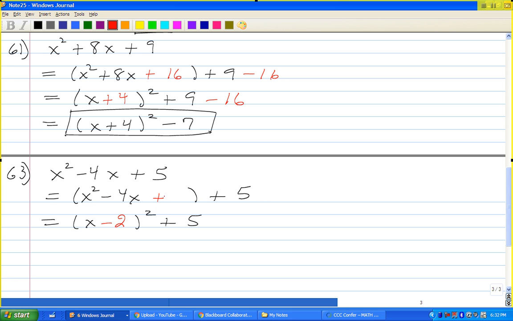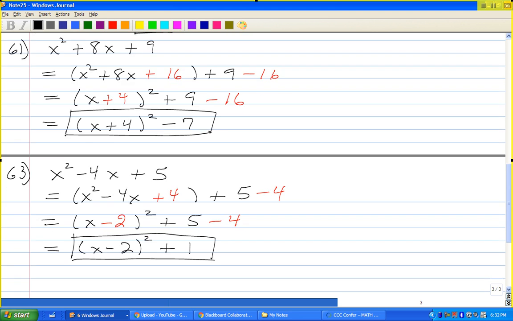Squared is 4. So let me add and subtract 4. And so I have that 5 minus 4 is 1. And so I have completed the square.